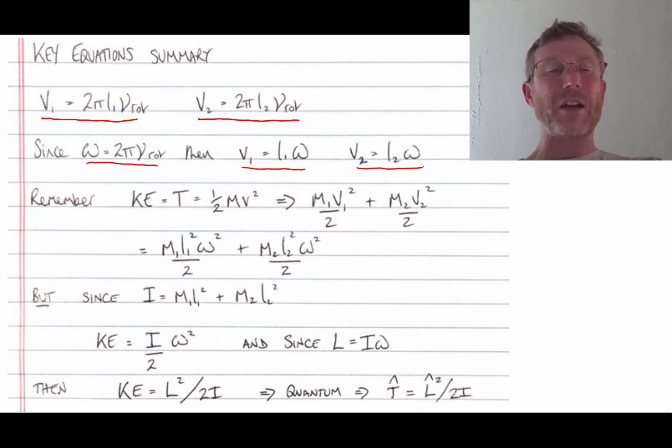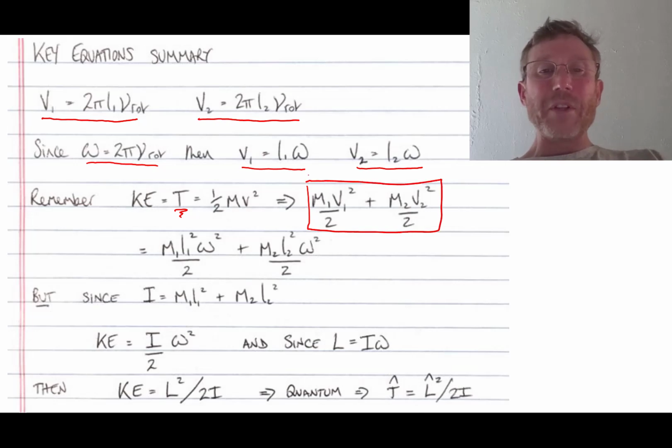We then, very simply, start to think about the kinetic energy. In the textbook, the kinetic energy is referred to as capital T, and that's equal in all physics to half mv squared. And we can now take into account the velocities of both of these particles that are connected together. And so we end up with an expression that includes the mass times the velocity for each of those particular balls, so m1 v1 squared over 2 plus m2 v2 squared over 2.